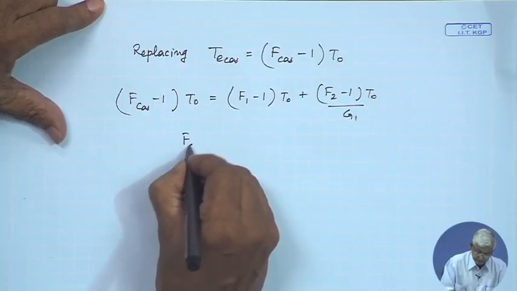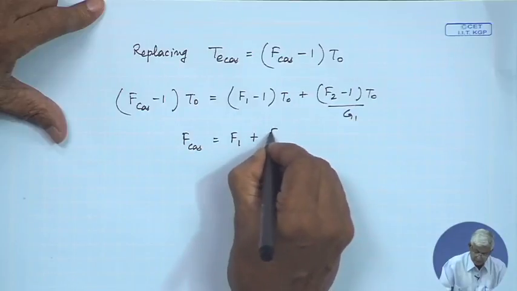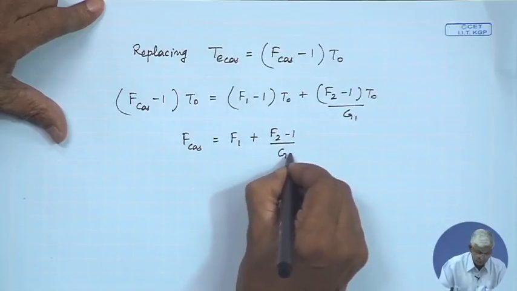So, that gives F cascaded as F1 plus F2 minus 1 by G1.